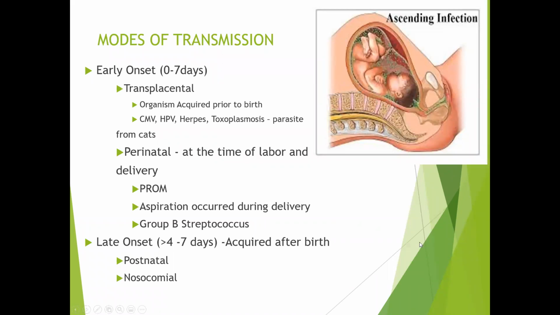All right, so early onset, if we have a pneumonia that develops at birth or within the first week, it says it could be caused from transplacental acquirement. Is that a word?